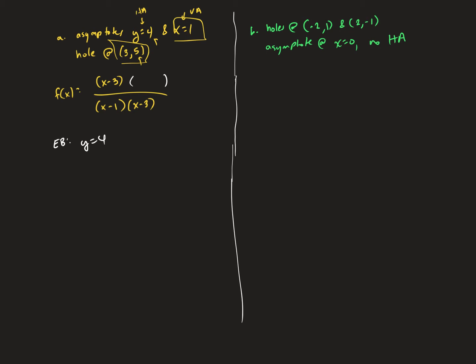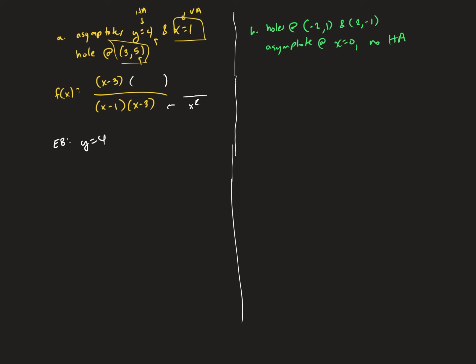Now, if I look at this, my degree on the bottom is x squared, right? In order for me to get a horizontal asymptote, the degree on the top and the degree on the bottom have to either be the same degree or the one on the top has to be smaller. And if the one on the top is smaller, then the horizontal asymptote is y equals 0. That's one of the things you should have learned last year.